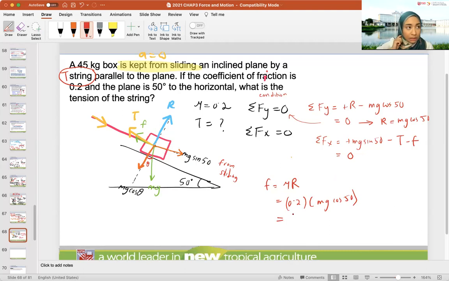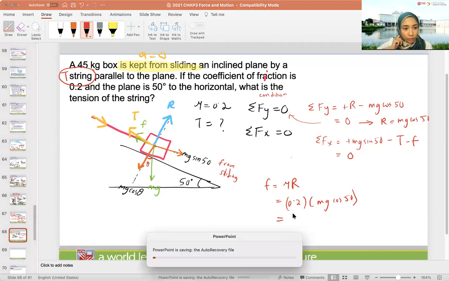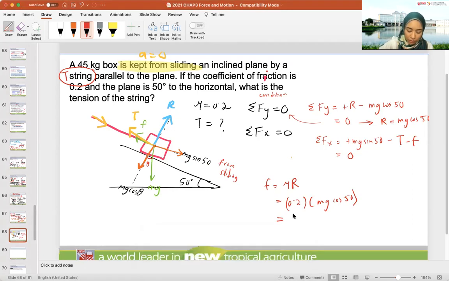Only in linear kinematics that you need to include the negative sign. So 0.2 times 45 times 9.81 times cosine 50. So this will become 88.93. Betul tak saya kira ni?